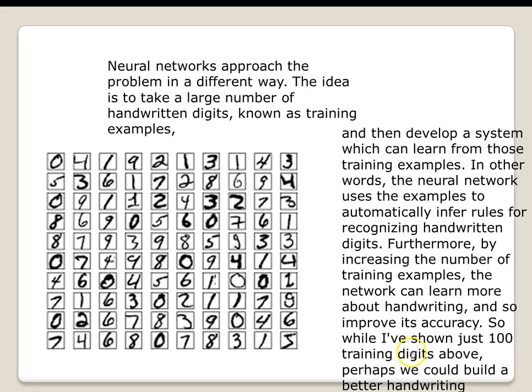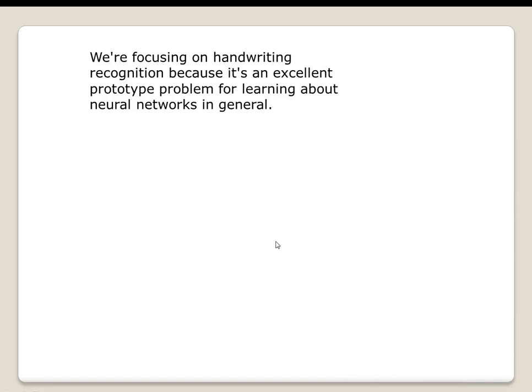While we've just shown 100 training digits here, 10 by 10, we could build a better handwriting one by using more training examples. Okay? So we're focusing on handwriting recognition because it's a good prototype problem for learning about neural networks in general, but it's definitely just one of a million different examples.